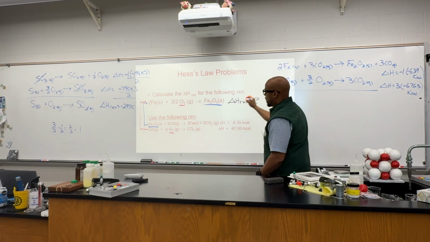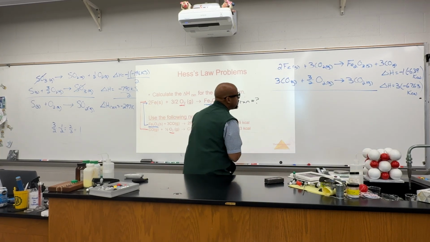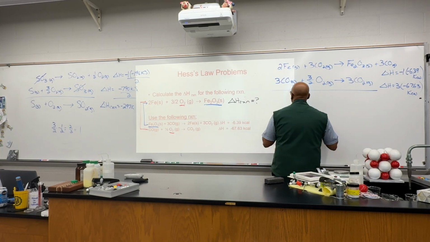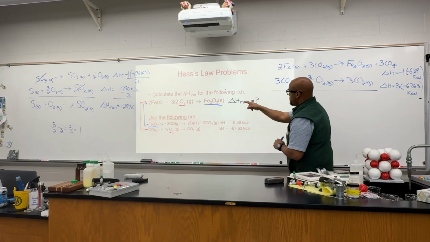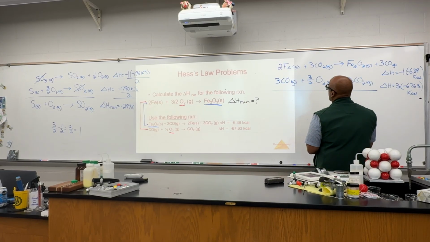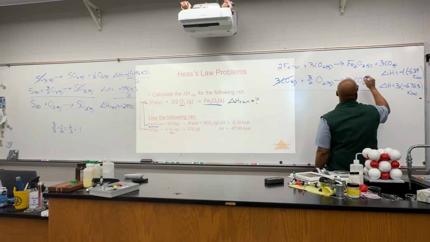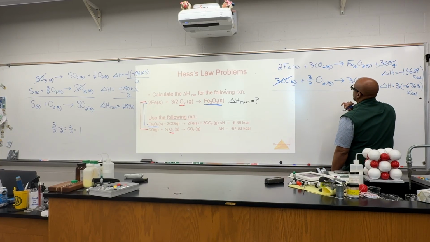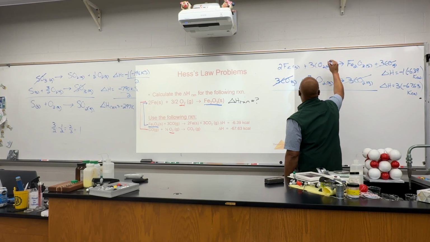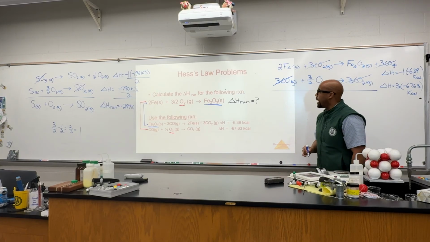Now once again, I'm going to confirm that I did this correctly. If I did, I better get back that original reaction. Subtracting things that are on opposite sides, I've got 3 COs here, subtract from 3 COs, you're out. 3 CO2s here, 3 CO2s here, you're out as well.